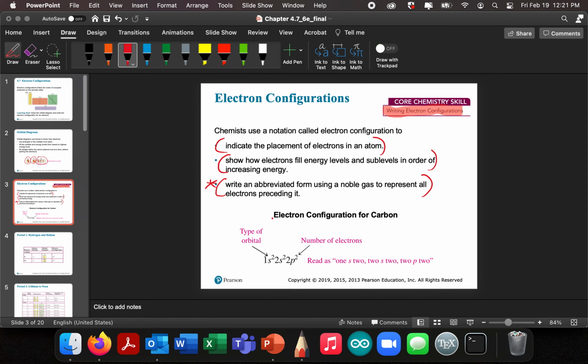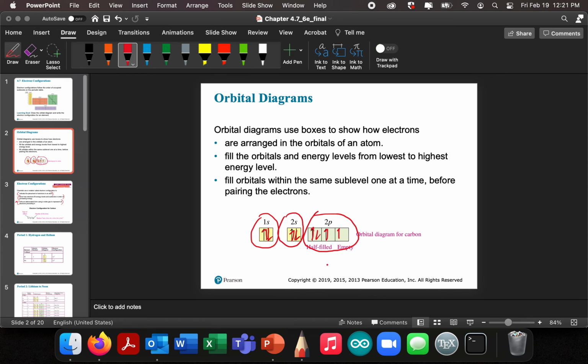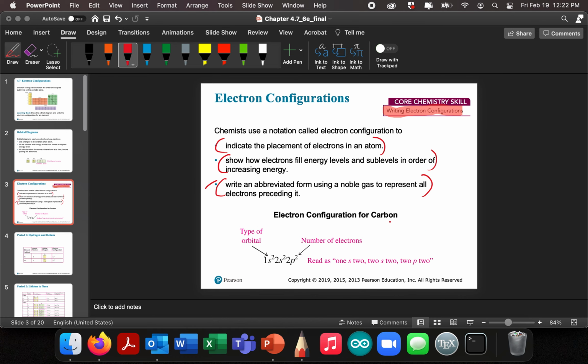All right, so the electronic configuration for carbon, for example. In the previous slide, we showed 6 electrons, right? I actually did a couple more electrons here, so let me get rid of that. Come up here, eraser. Okay, there's 6 electrons there, 1, 2, 3, 4, 5, 6 electrons. So if it has 6 electrons, it's going to be carbon.